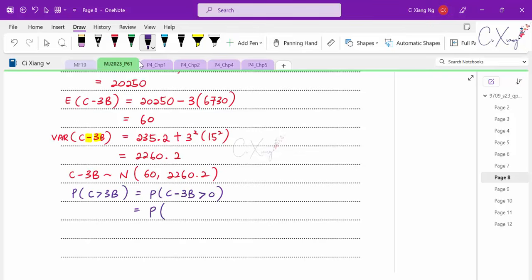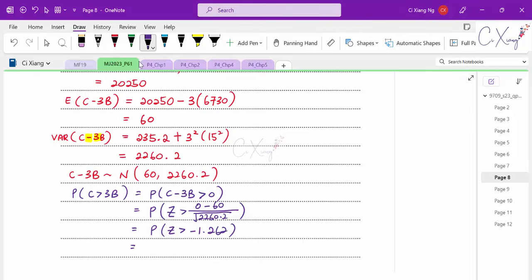Since they are normally distributed, I shall change it to Z. To change it to Z, you have to standardize your variable, so you take the value of the variable minus the mean, divided by the standard deviation, so divided by the square root of 2260.2. Then by pressing the calculator, you should get your Z value, which is greater than negative 1.262.